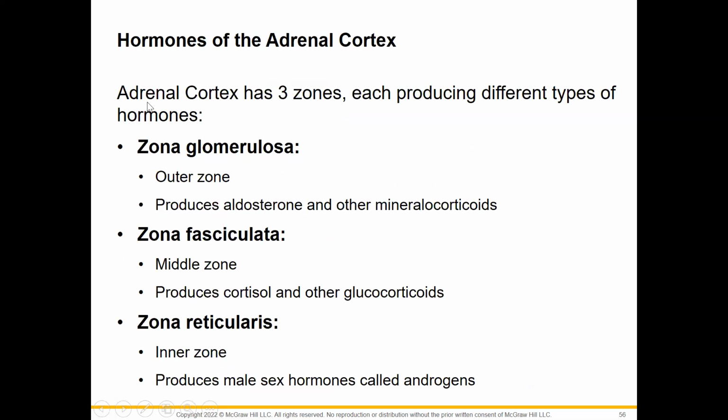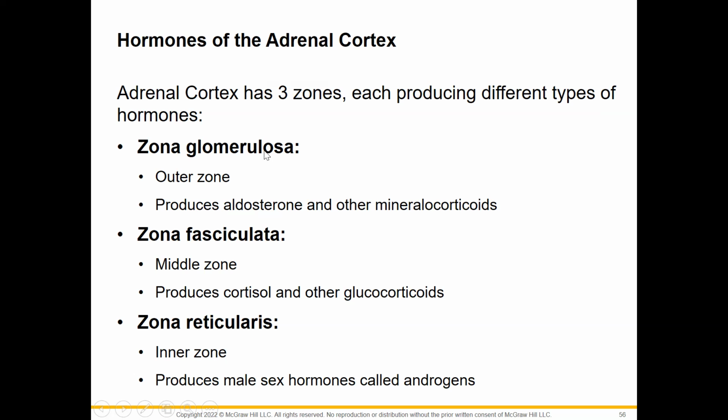So, the adrenal cortex has three zones. Each produces a different type of hormone. You have the zona glomerulosa, zona fasciculata, and then zona reticularis.